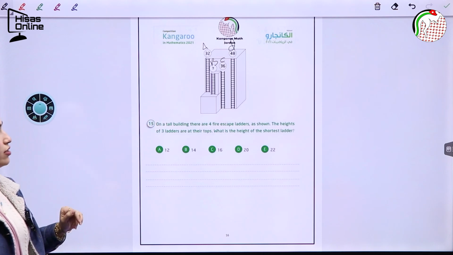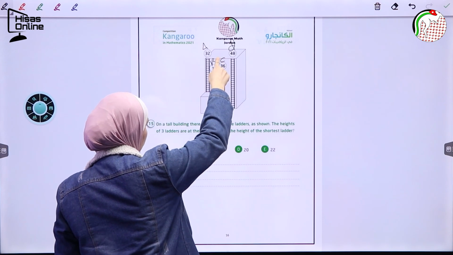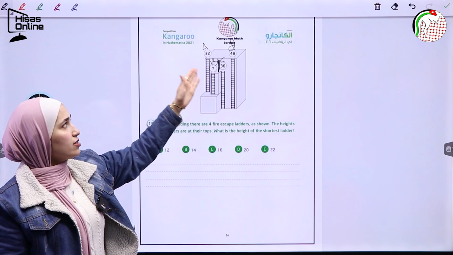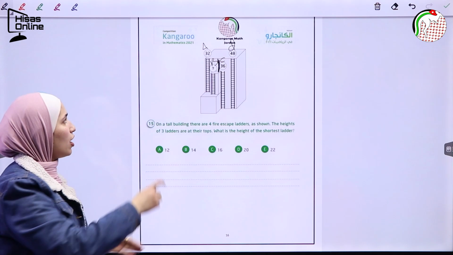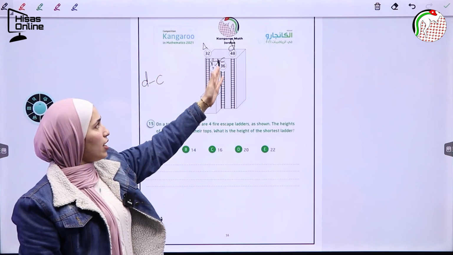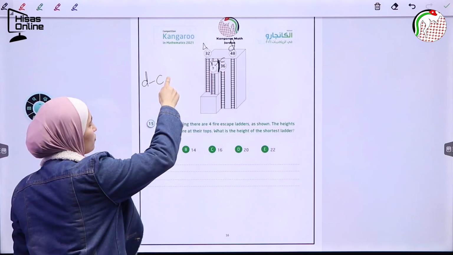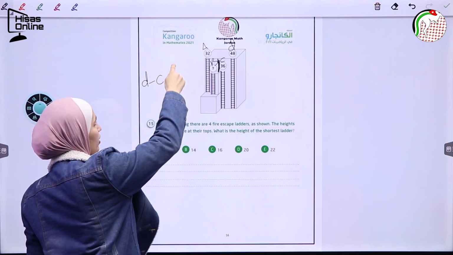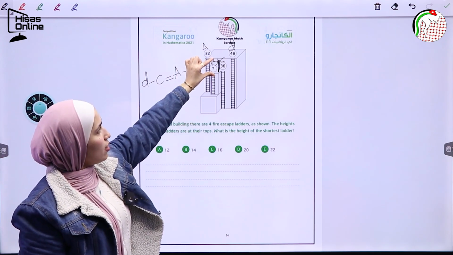Okay, and to find it, you can make it easier to find the unknown height here. This unknown height, we can know by subtracting D minus C. So as you see, ladder D minus C equals the unknown height over the ladder B. And also we can find it another way by subtracting B from A. So A minus B also equals this height.